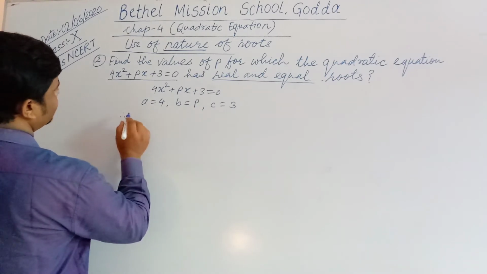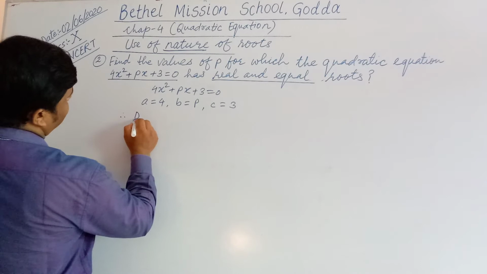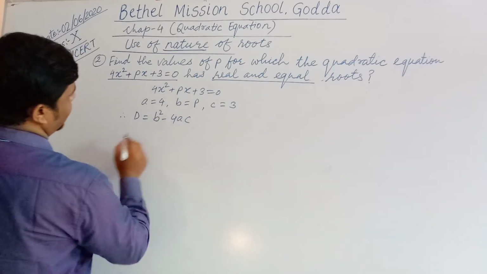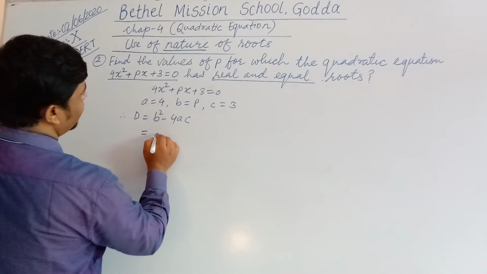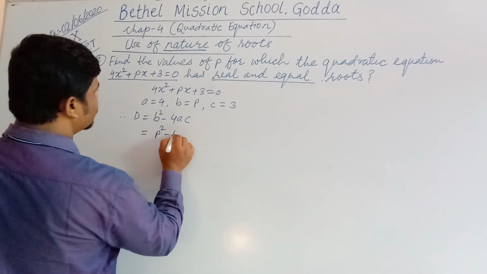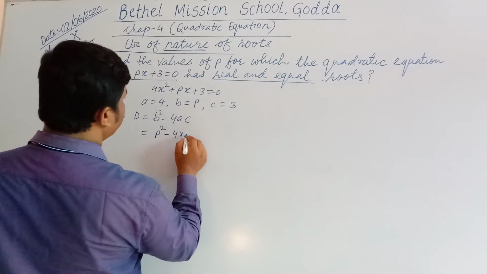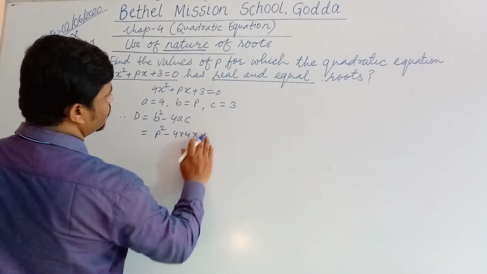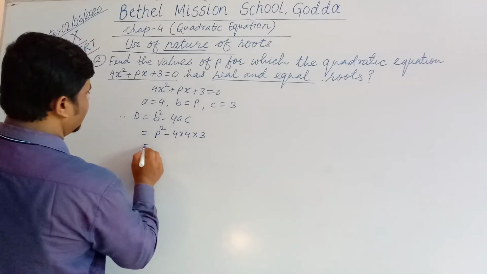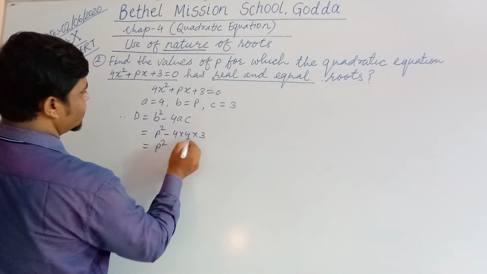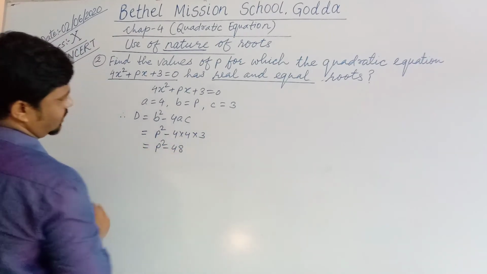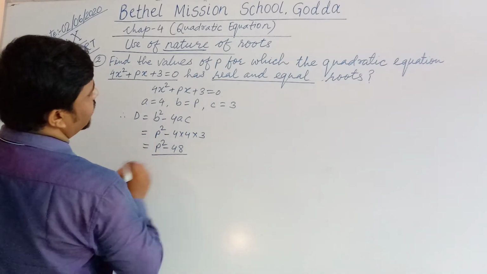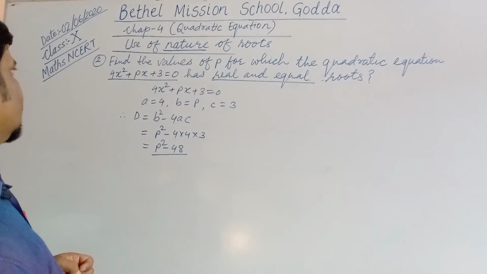Therefore D is equal to b square minus 4ac, which is p square minus 4 into 4 into 3. 4 4s are 16, 3 16s are 48. D is p square minus 48.